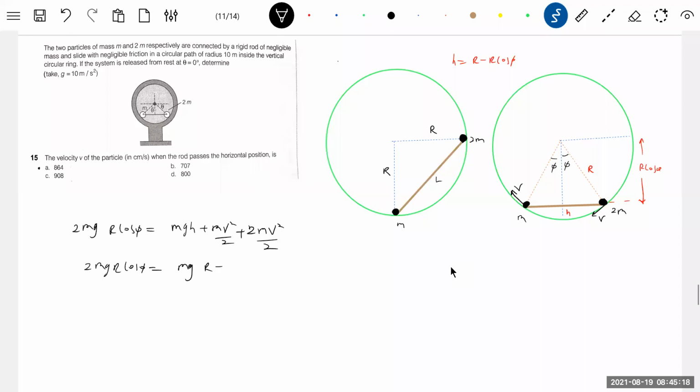What is h? h is r minus r cos phi. The total kinetic energy will be 3m v square by 2. The m gets cancelled. So this will be 2gr cos phi equal to gr (1 minus cos phi) plus 3 by 2 v square.